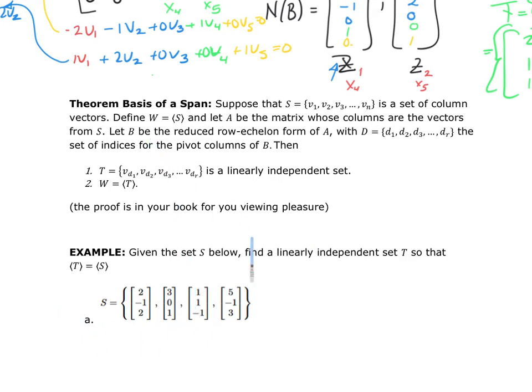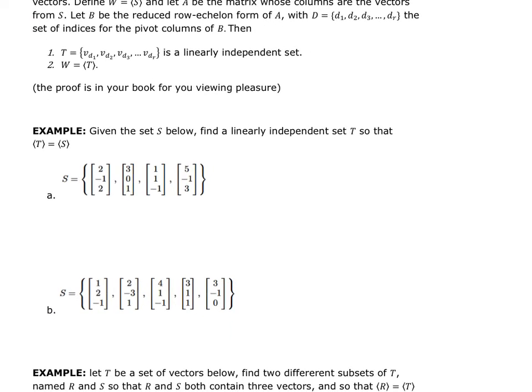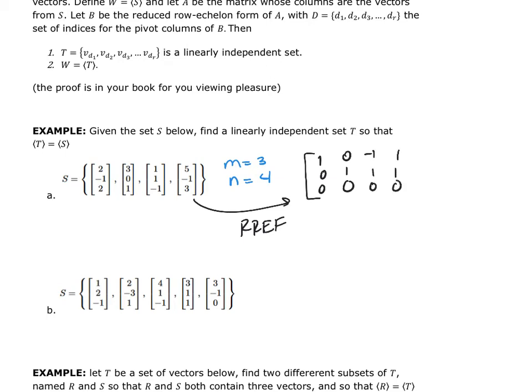So using that theorem, I know from my previous theorems and my last section that the number of entries is 3 and the number of columns I have is 4, so we know we have dependence. I put this into a matrix and reduce to row echelon form, and for this example I get 1 0 0, 0 1 0, negative 1, so we know we've got a non-pivot there, and then 1 1 0.